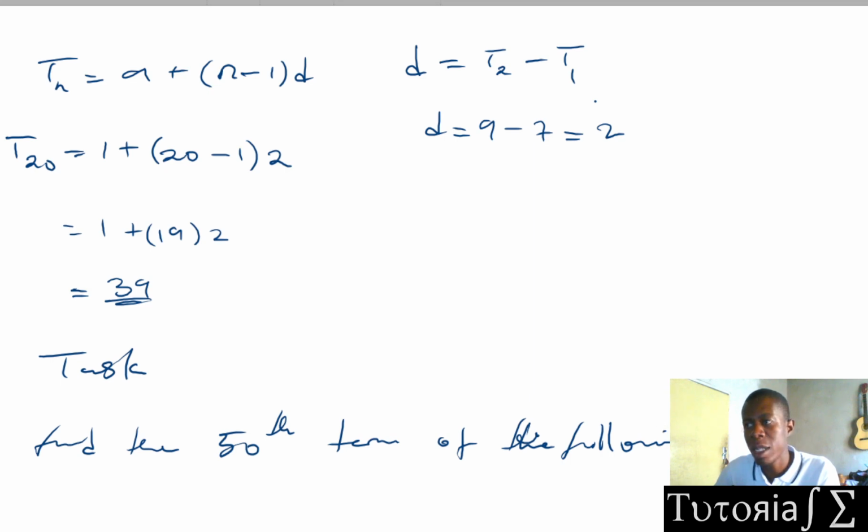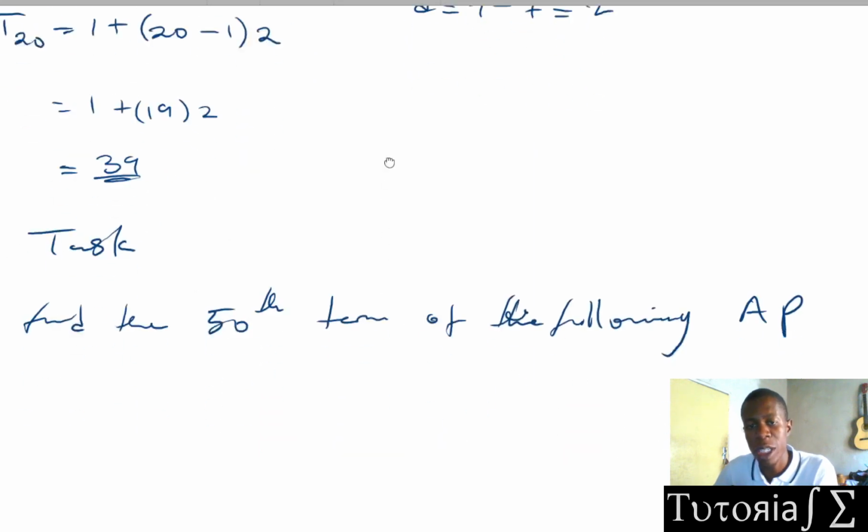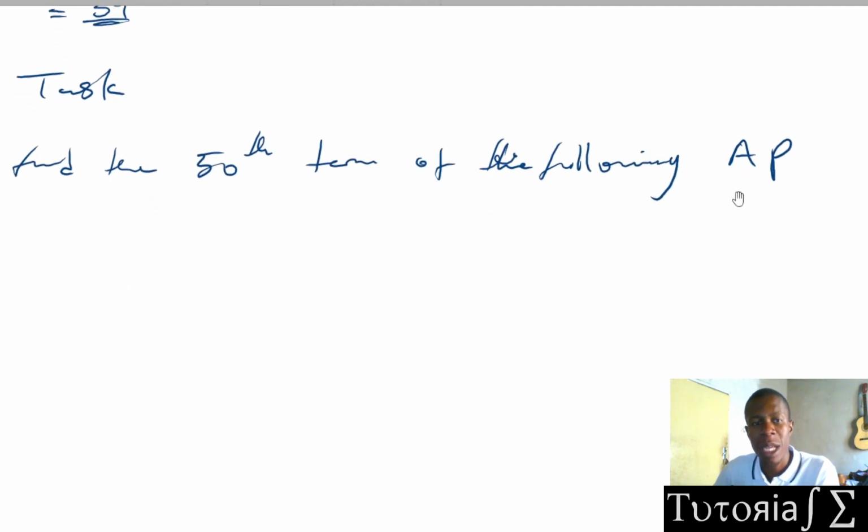AP simply stands for arithmetic progression. Sometimes you find AS, which is just arithmetic series. So find the 50th term of the following AP. The sequence is 2, 4, 6, 8, and so on and so forth. You're going to find the 50th term of this sequence.